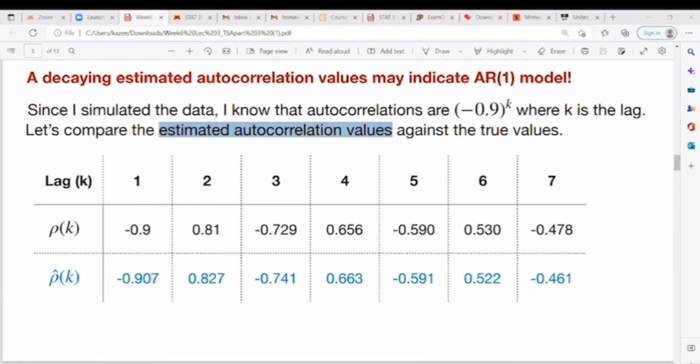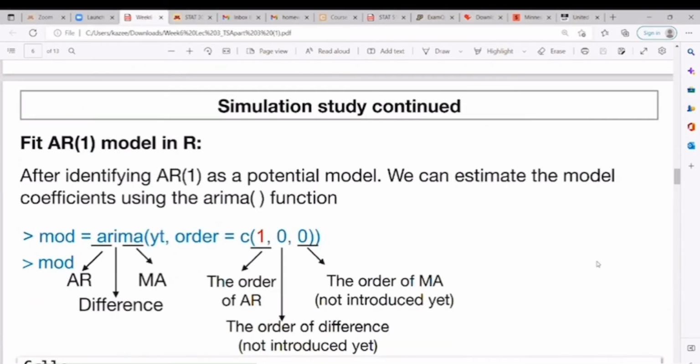That's what we're trying to do, comparing them at different lags. Now you know the difference between the estimated one and the true one. Now, what I want to do is go into simulation.